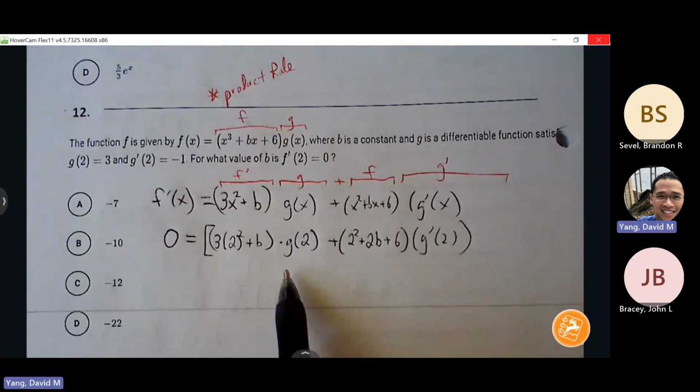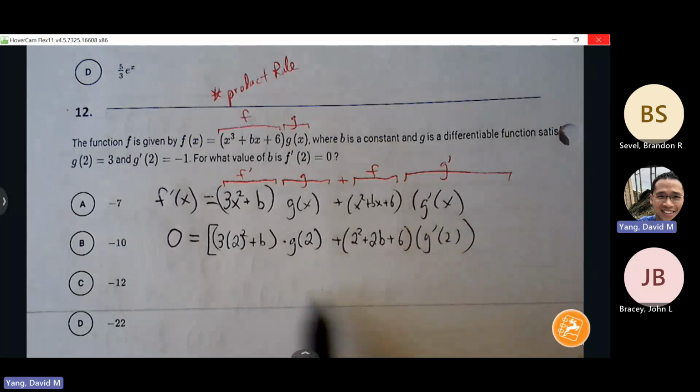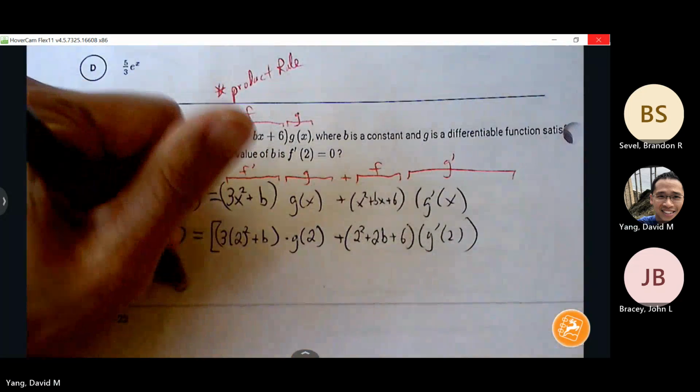Okay. They tell us g of 2 is 3, g prime of 2 is -1, so we'll just continue cleaning up. Hopefully we can just isolate all the b's together here.